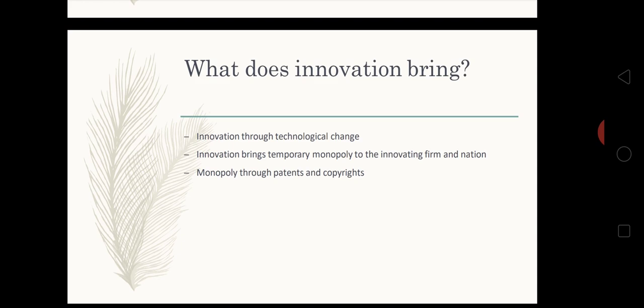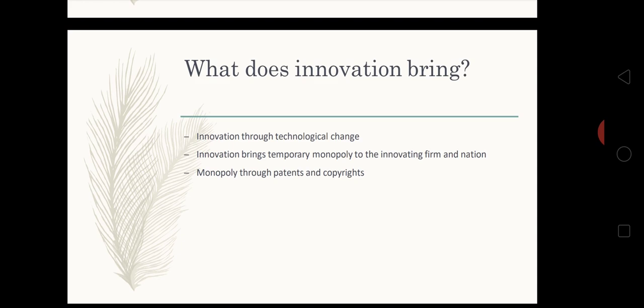For example, if the United States is the innovating nation and introduced a new technique of production or a new commodity, this is the technological advancement of the United States. That innovation will bring a temporary monopoly to the firm and the United States.